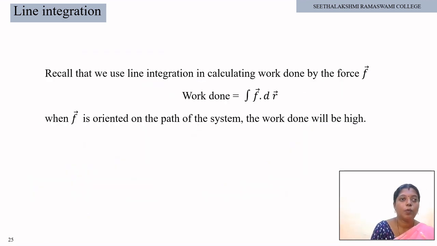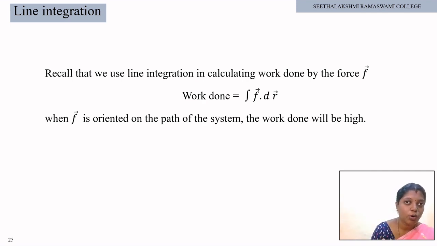For example, when will you find line integration in physics? Consider a force applied to a system that is moving along a path. You need to make the system move along the path, so I give a force. If the applied force is oriented along the path, then the work done will be very high.